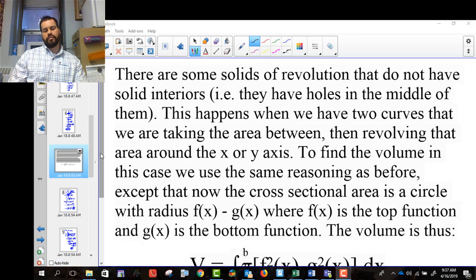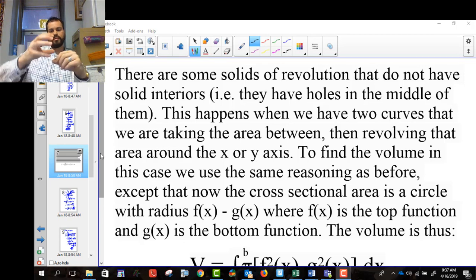But to find the volume, if you have an area that's between two functions as opposed to just between a function and the x-axis, we use the exact same reasoning as before, but we imagine that the top function, the bigger of the two, goes all the way around, and we find its volume. Then we find the volume of the smaller one and subtract them.